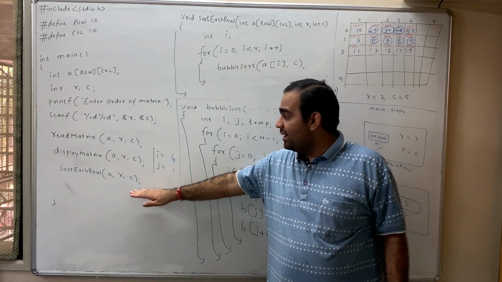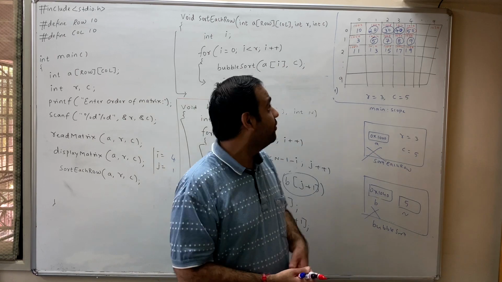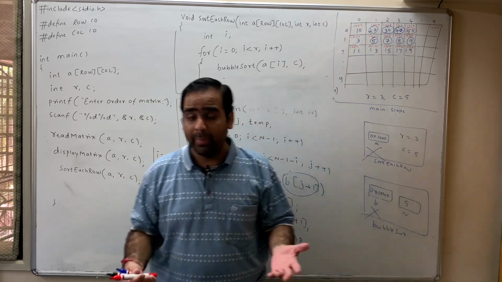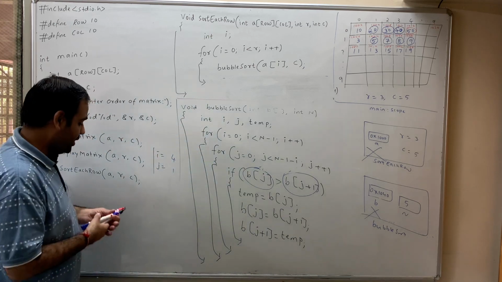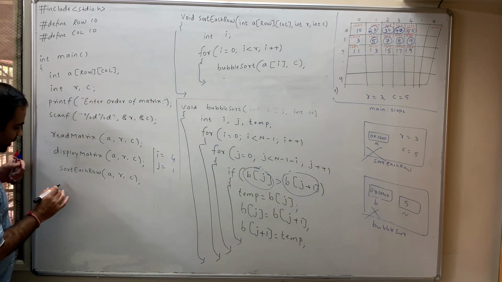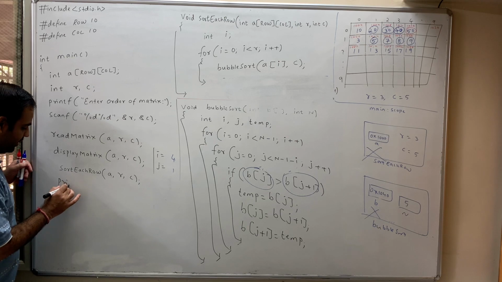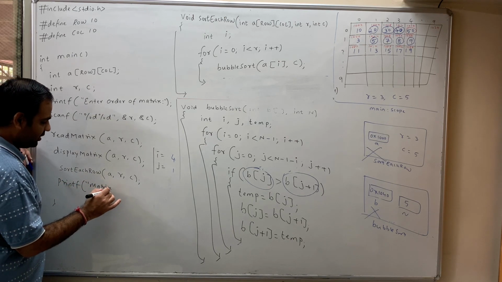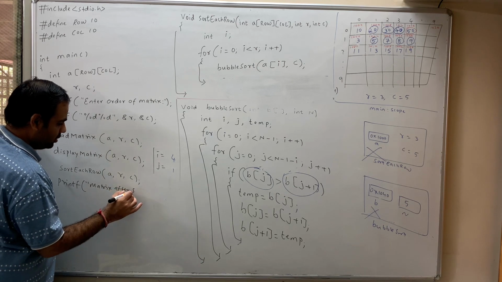you come back to main. Now after you sort each and every row, you need to verify, right, that the matrix is sorted row by row. And how do we verify it? I can say printf matrix after sorting row by row.